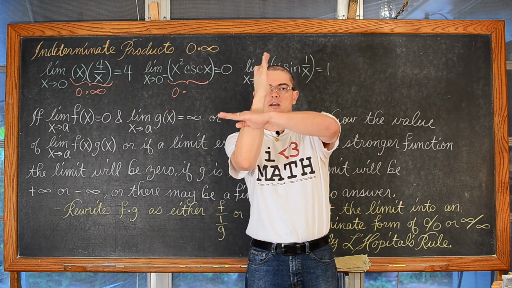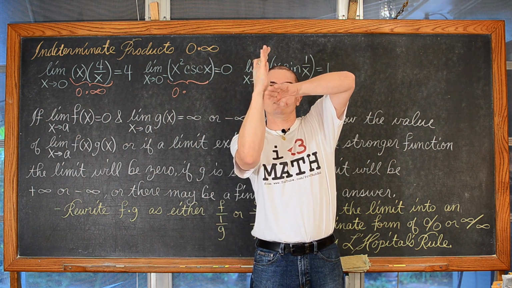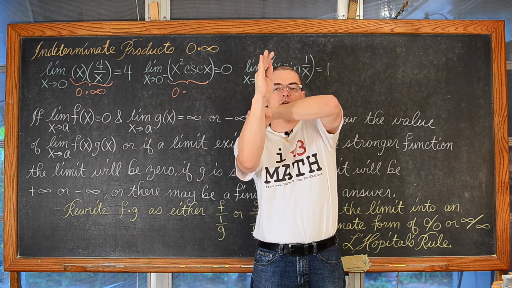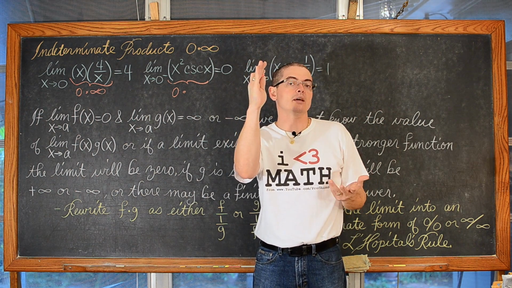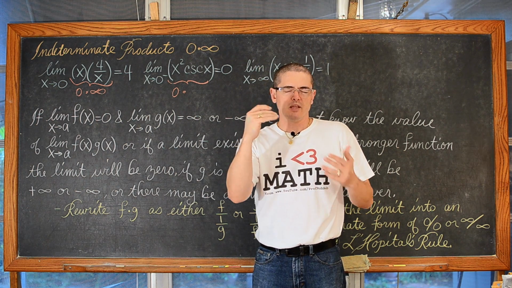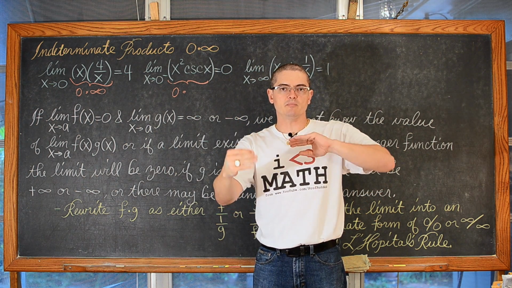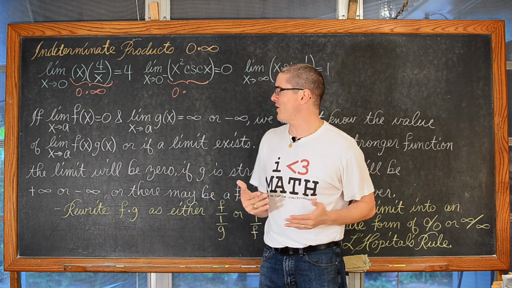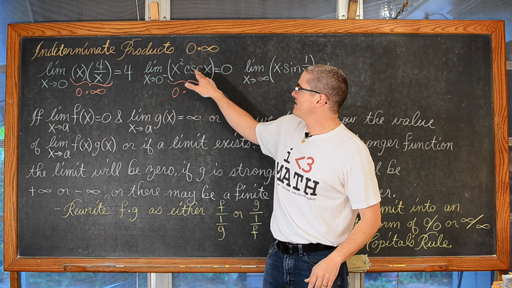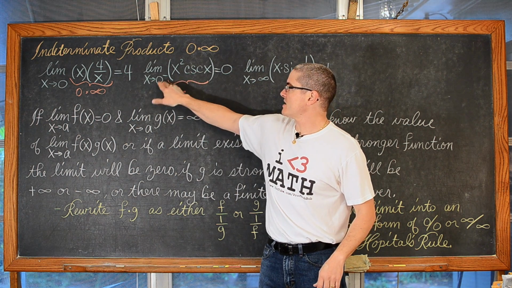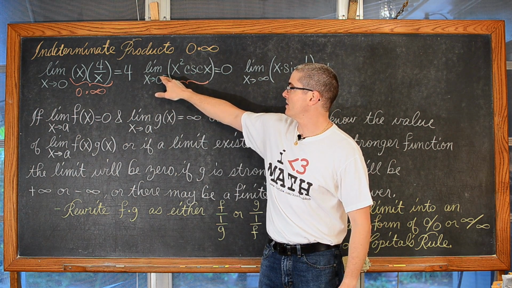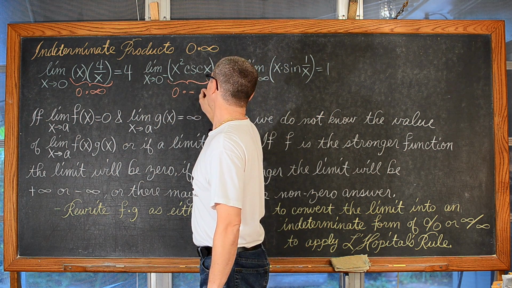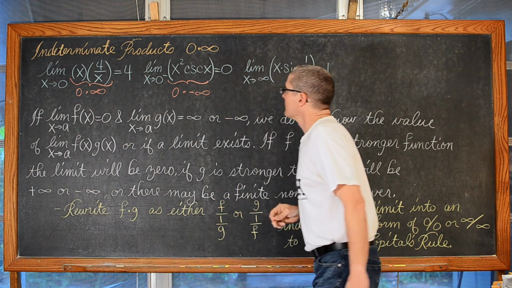The sine starts at 0, 0, and then goes up to 1 in one direction, and in the opposite direction approaches negative 1 as you go down to negative pi over 2. So the cosecant function as x approaches 0 from the left is going to go to negative infinity.